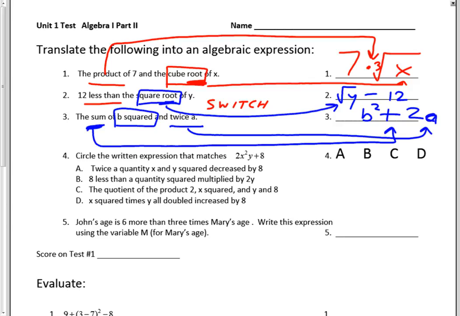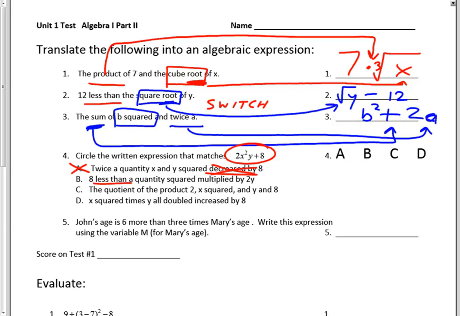If you have the luck to have a multiple choice problem in front of you, cross out what doesn't work. If I have this, that's addition, correct? So do I want to decrease anything? No. Cross it out. Decreased would be subtraction.